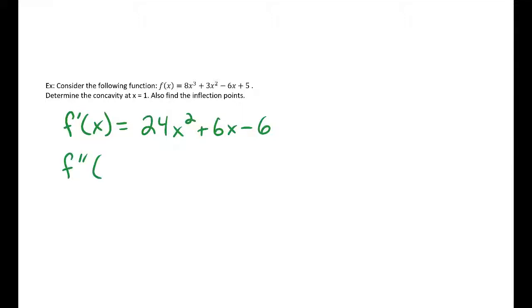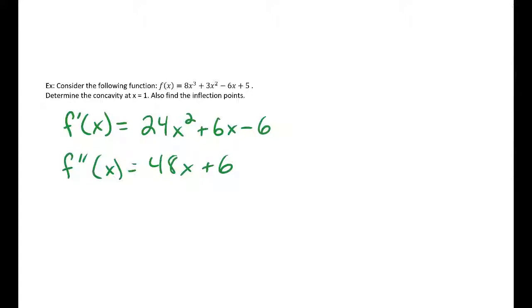Before we can find the second derivative, we need the first derivative. So here we go. F prime of x equals, let's see here, you should get 24x squared plus 6x minus 6. I'm going to do f double prime, which is just another derivative. I got 48x plus 6.